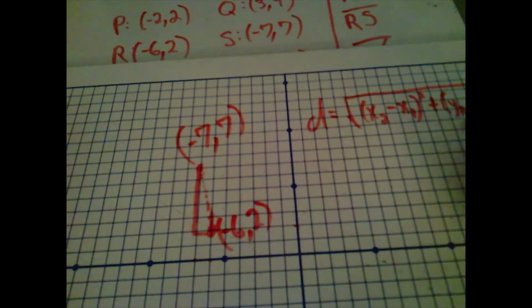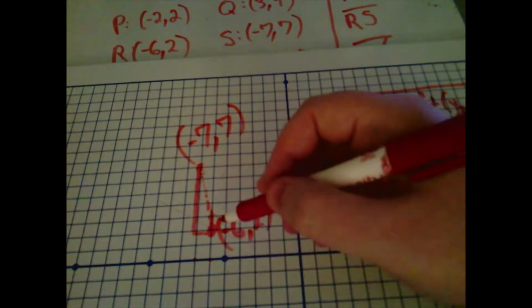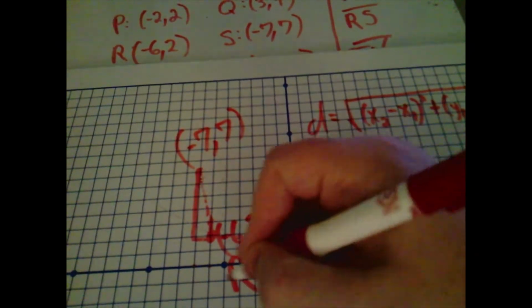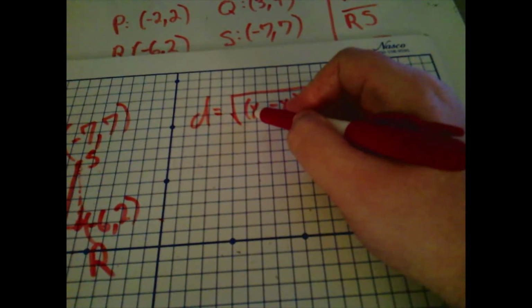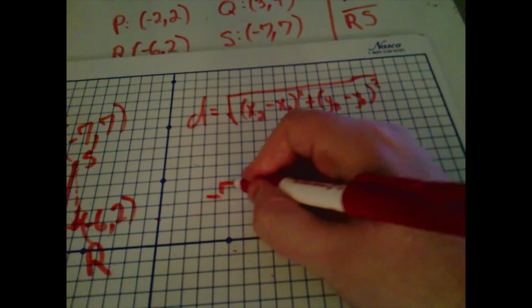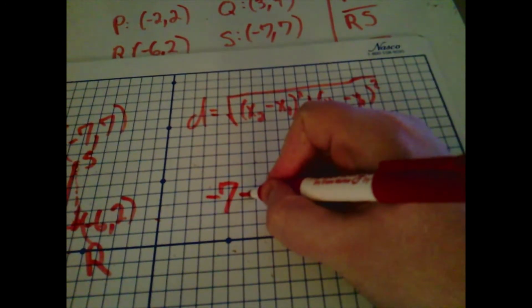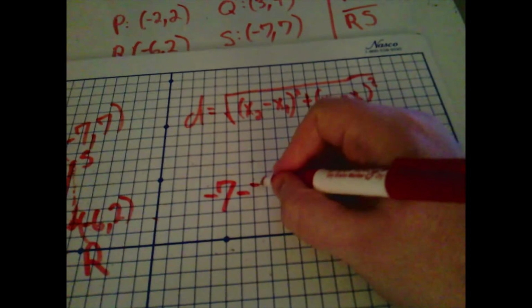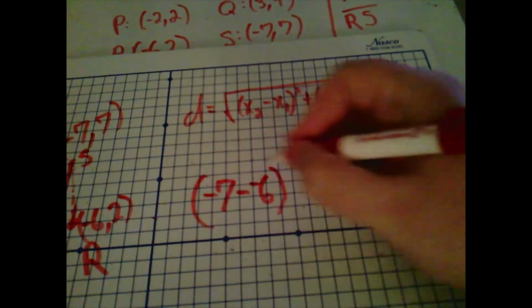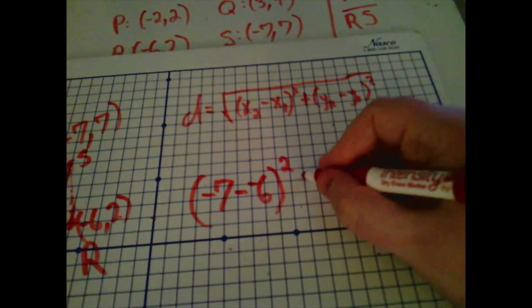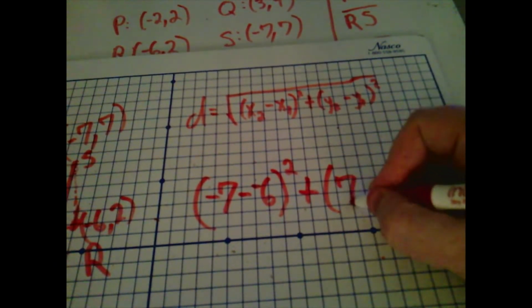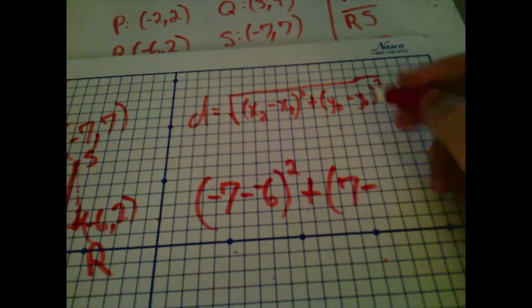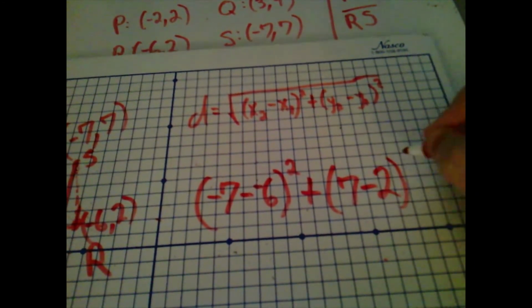We're going to use the distance formula to determine the distance between R and S. x sub 2 is -7 minus x sub 1, which is -6, squared, plus y sub 2, that's 7, minus y sub 1, which is 2, squared.